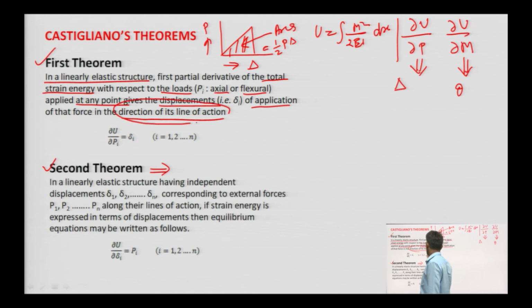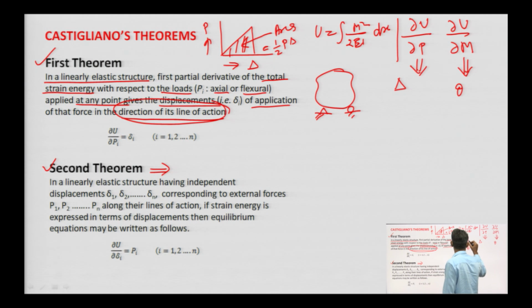It is more important. What does it mean? If this is the system and the force is acting at this point, and suppose this is the displacement, then the displacement will be measured along the same line of action of the force.